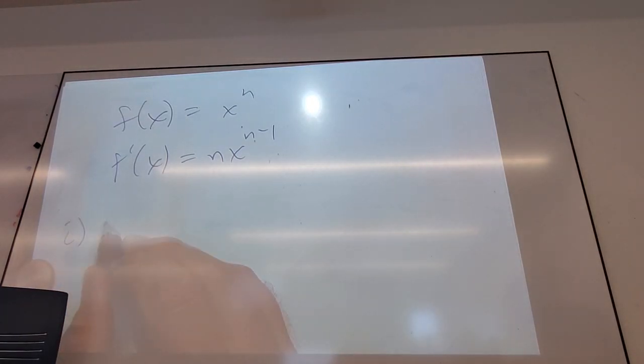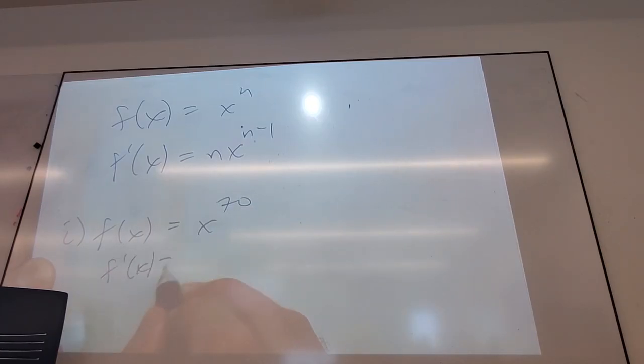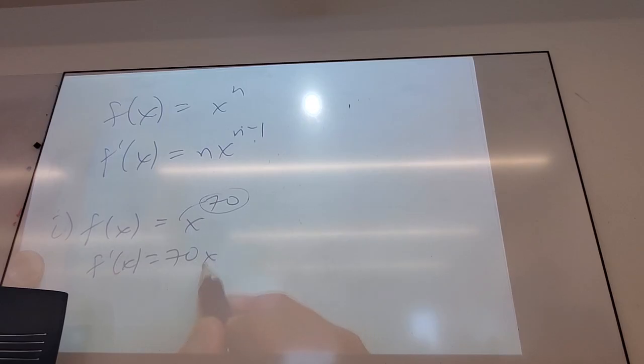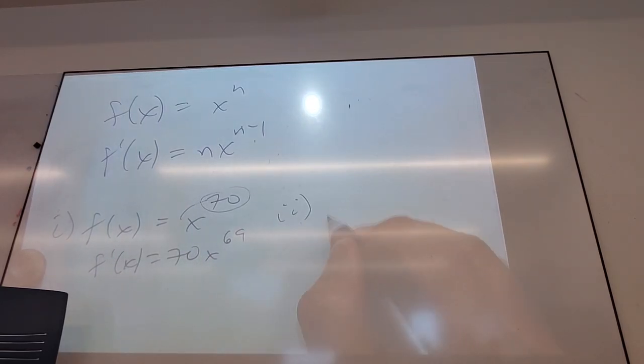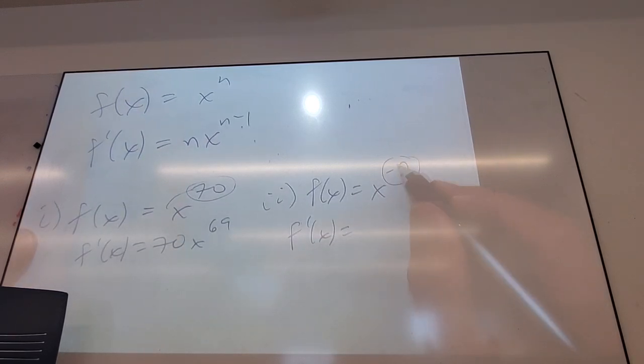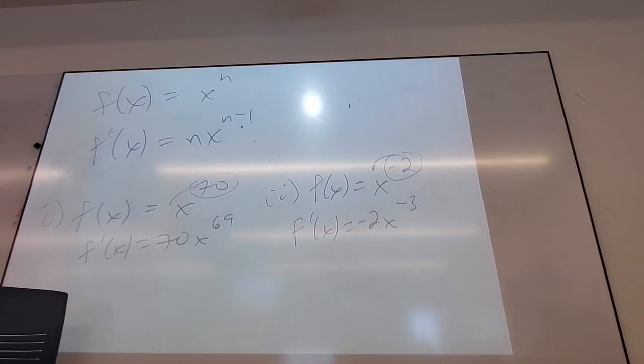What if I had x to the 70th? What is the derivative? 70x to the 69th power. Yes, the 70 comes down. What if I had x to the negative 2? The negative 2 comes down, x to the negative 3. Kick ass, yes?